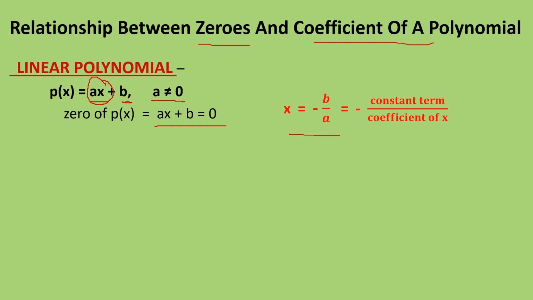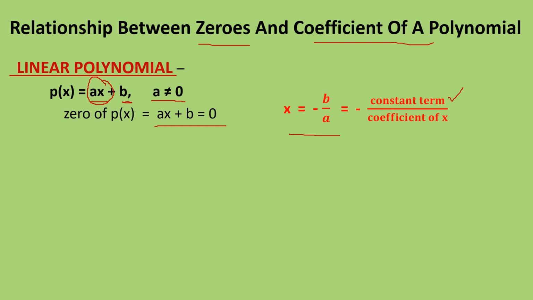Now if we compare these terms, this b and a, with the linear polynomial, we can see that this b is the constant term of the linear polynomial, right? See, you can compare with the linear polynomial. b is the constant term. So here we have written constant term. And if you see, a is what? a is the coefficient of x. With the variable x we have a.